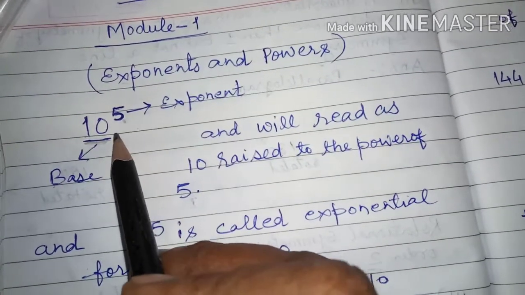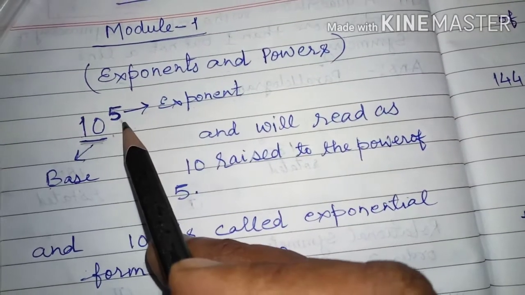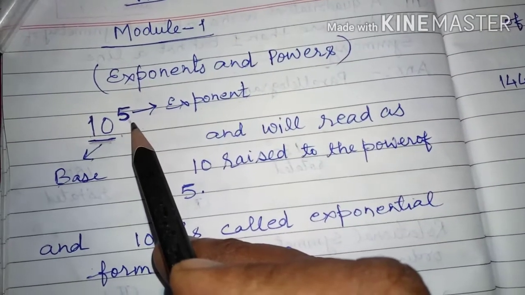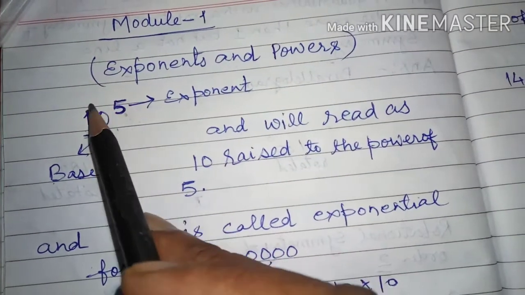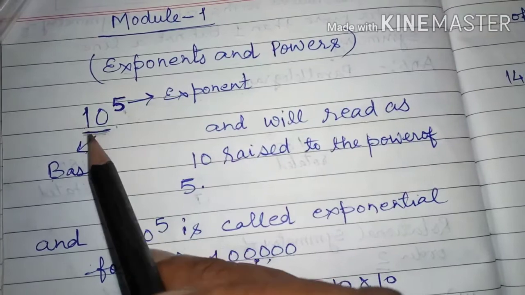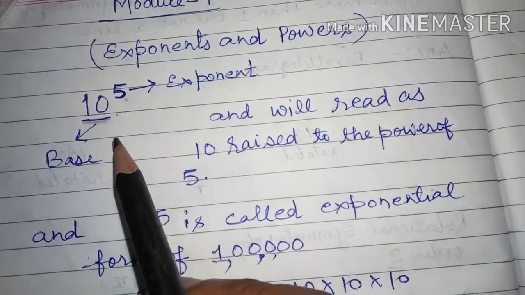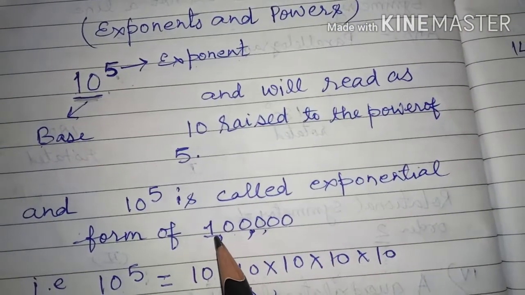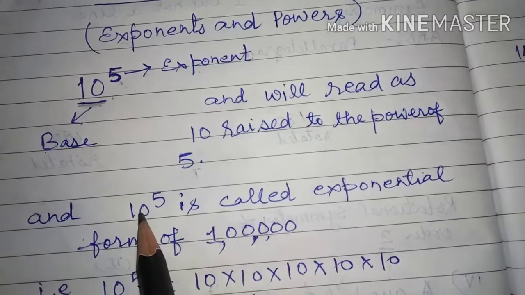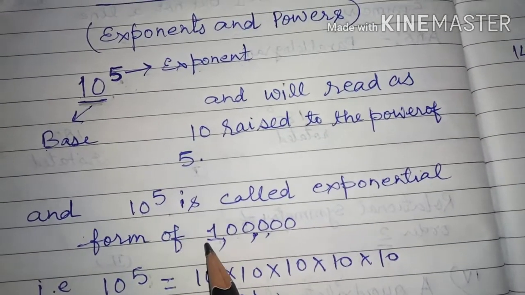This number will be read as 10 raised to the power 5, and this way of writing the number is called the exponential form of the number 1 lakh. 10 to the power 5 is called the exponential form of the number 1 lakh.